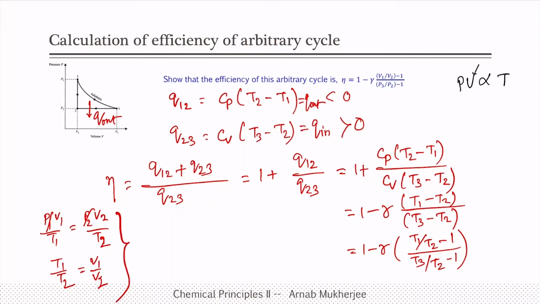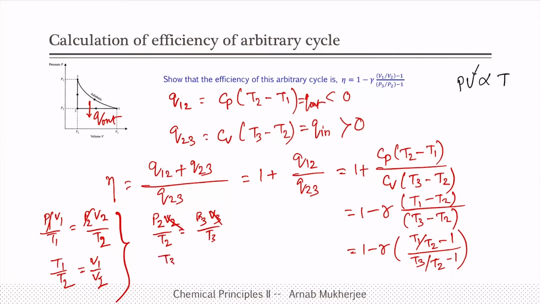Let us check between 3 and 2. 3 and 2 are related by a constant volume process. So, we can write P2 V2 by T2 is P3 V3 by T3. Since the volume is the same, V2 and V3 are the same.